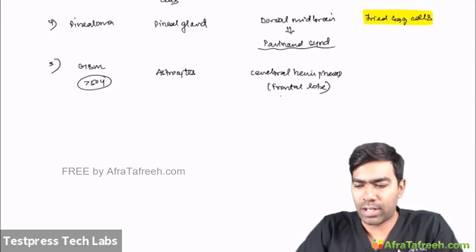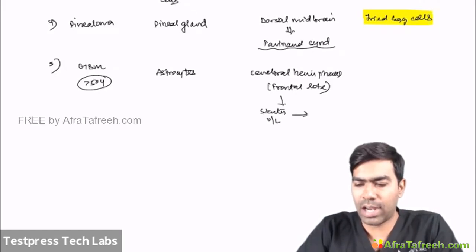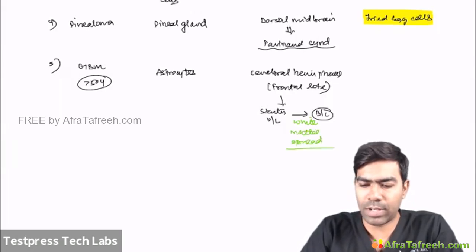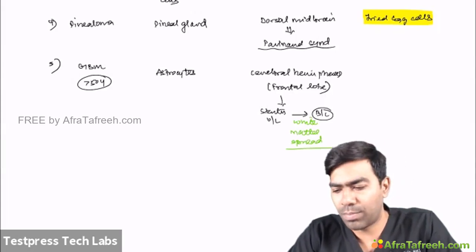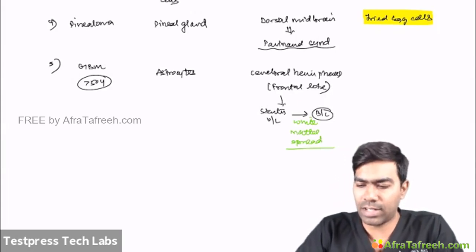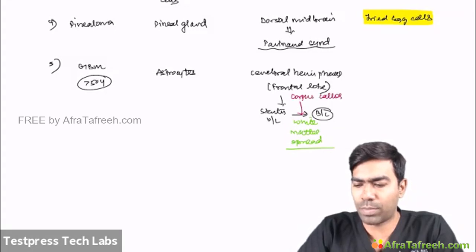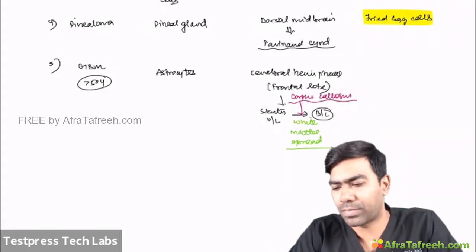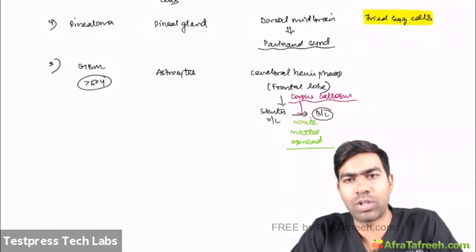Usually it starts unilaterally, and it can move bilaterally because of white matter spread. Through the axons of the white matter, they spread to the other side also. One of the important routes of white matter spread is the corpus callosum. They can spread through the corpus callosum and other association and commissural fibers and move to the other side.